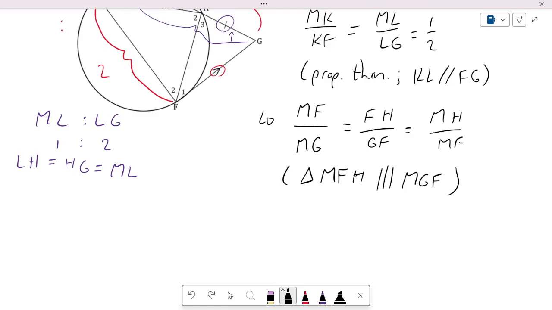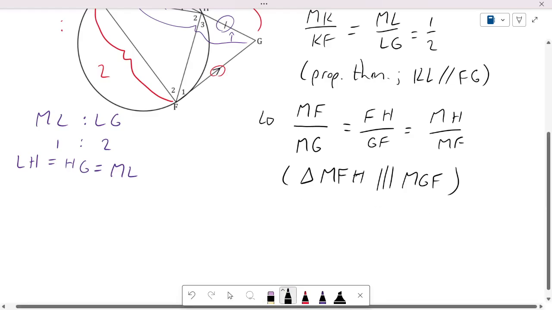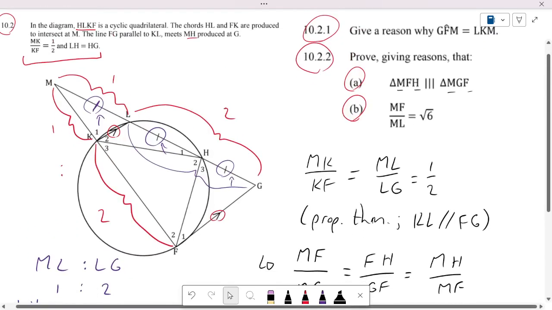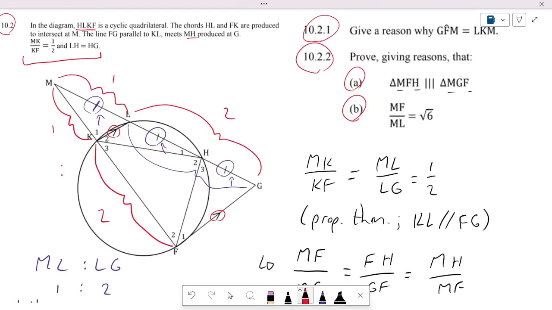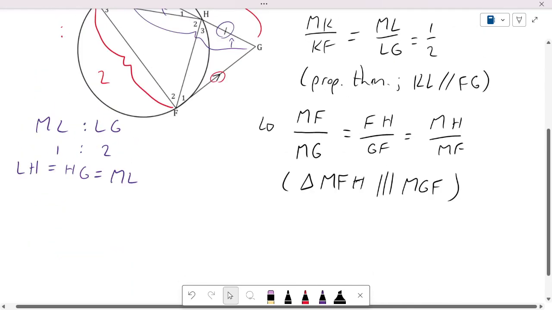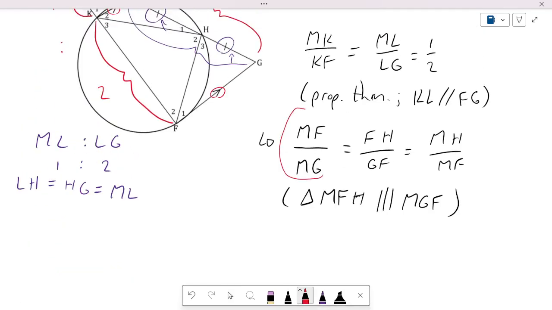And remember, the order is really important in these similar triangles. So what else are we going to look at? MF is what we are trying to involve in this proof. Where is MF in our ratios? MF is found in the first ratio and the last one.